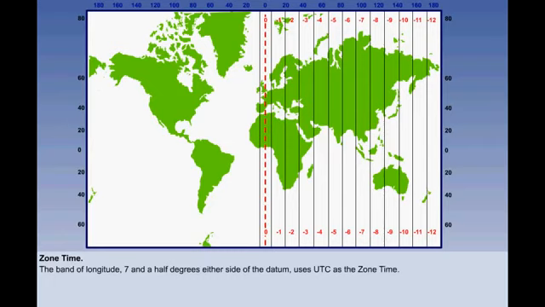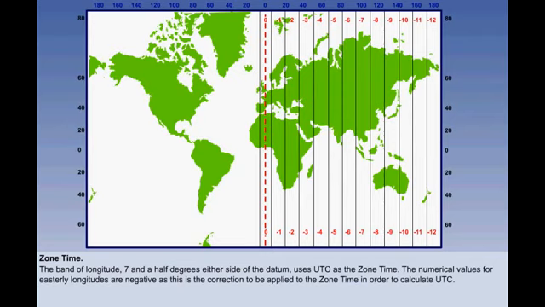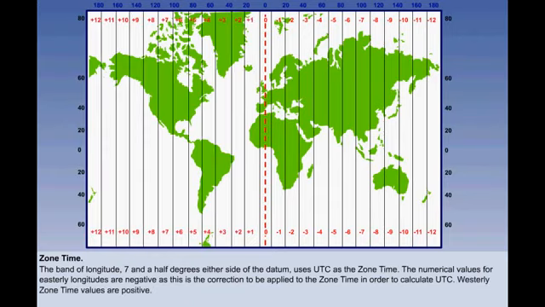This division of longitude continues through to 180 degrees. Note that the numerical values for easterly longitudes are negative, as this is the correction to be applied to the zone time in order to calculate UTC. Similarly, westerly zone time values are positive, since the time west of Greenwich is behind UTC.